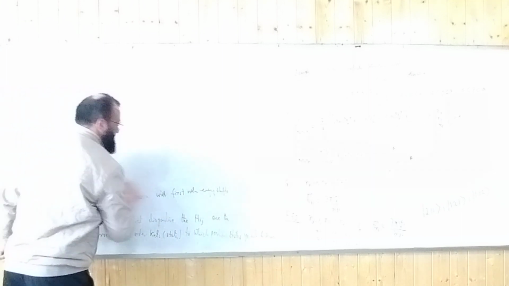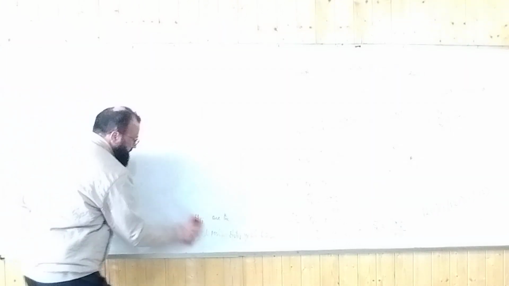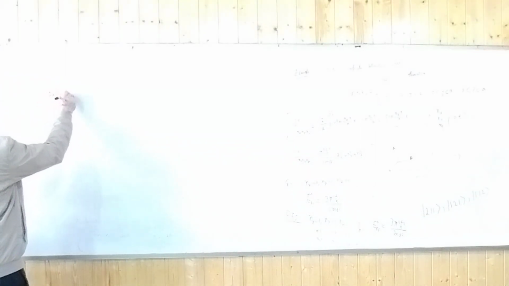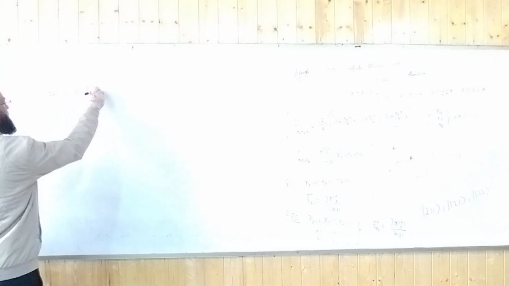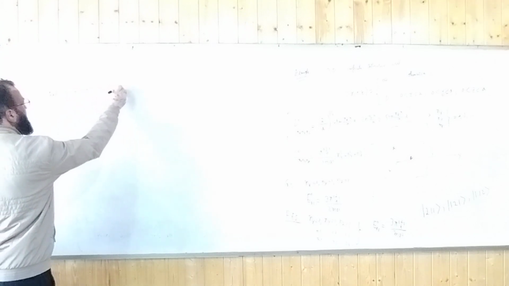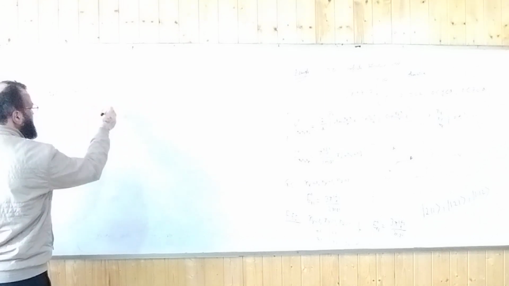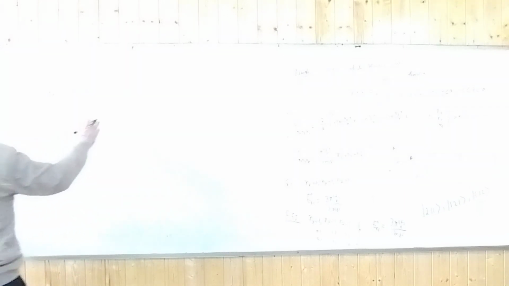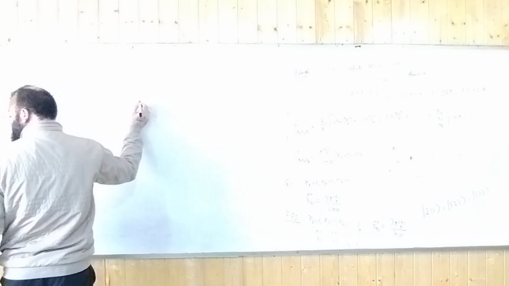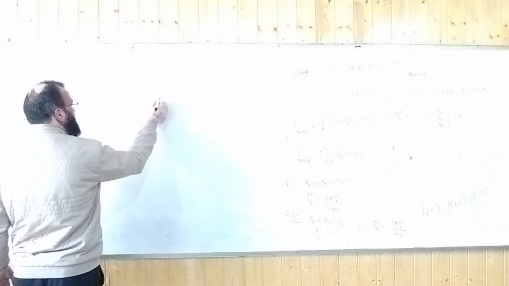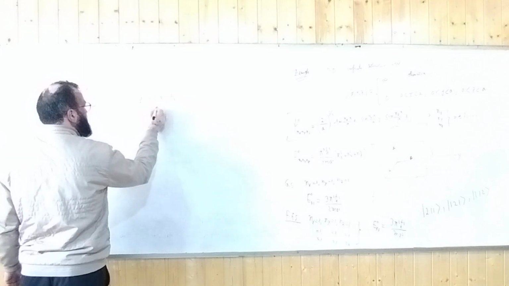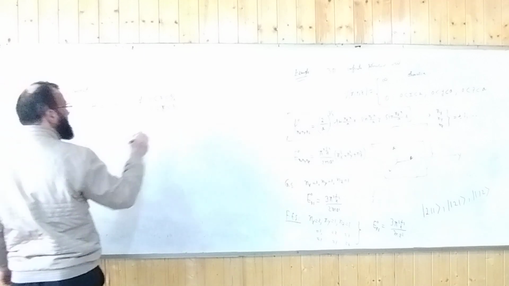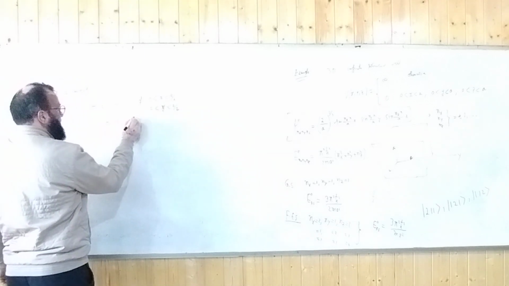Let's add a constant perturbation like this: H1 is equal to V0 for 0 to a by 2, and a by 2 in the other direction, and equal to 0 otherwise.